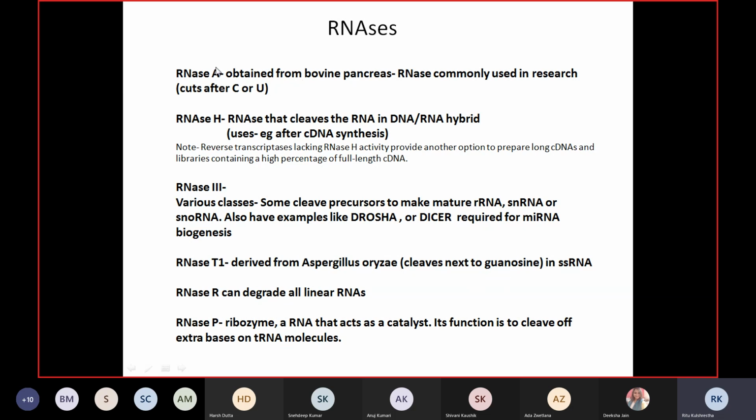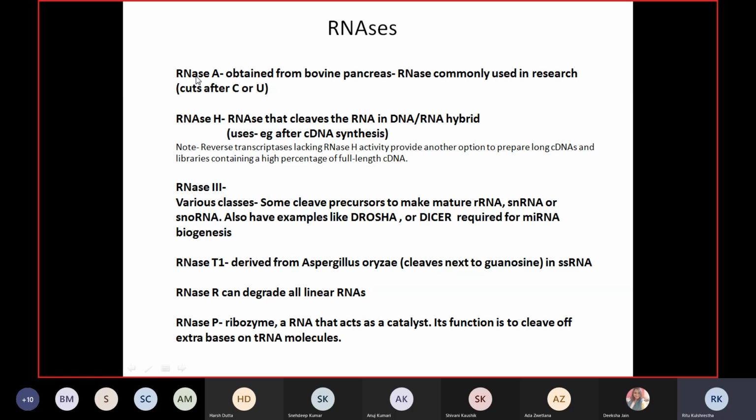Now, RNase A you will see in your plasmid isolation kit, or whenever you are isolating genomic DNA. To get rid of any contaminating RNA in your DNA preparation, you generally treat your sample with RNase A. This is where you will come across RNase A in various kit protocols.